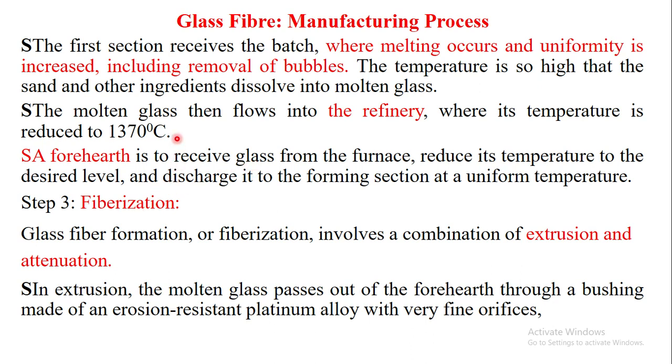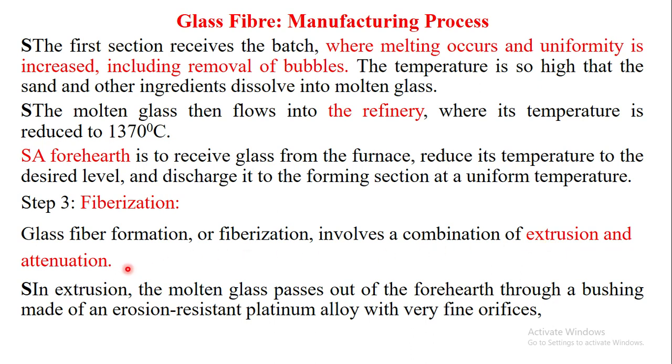The third step in the glass manufacturing process is fiberization. The first steps are batching and the melting process, and then the fiberization process. After the melting process is finished, we start fiberization, which means forming of the fiber. Glass fiber formation, or fiberization, involves a combination of the extrusion process and attenuation.